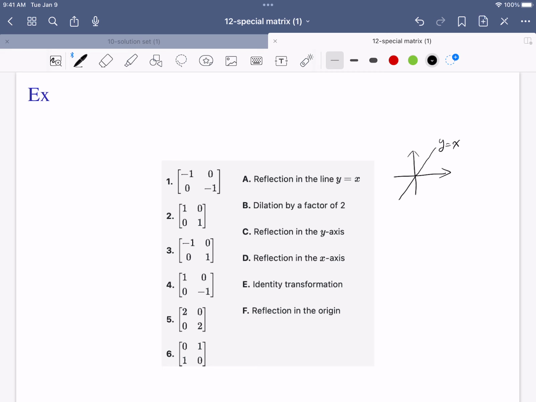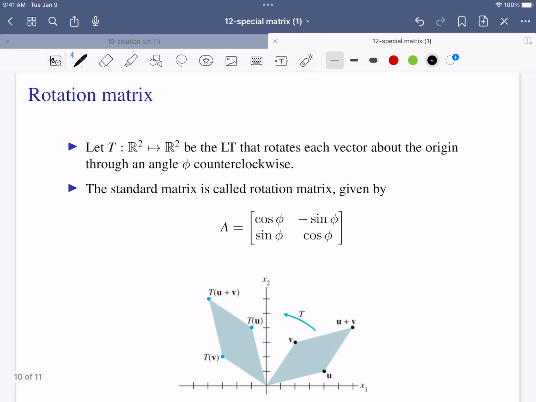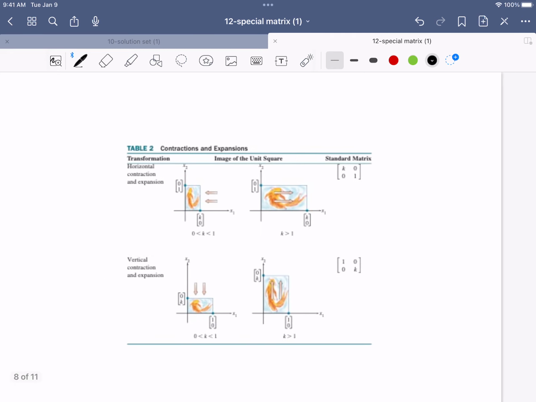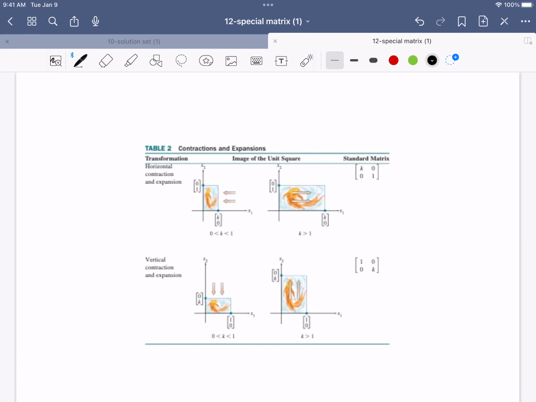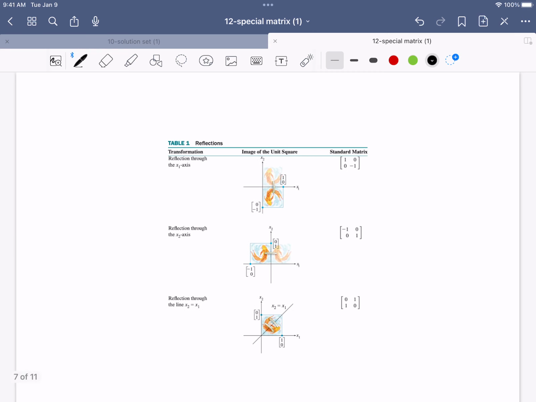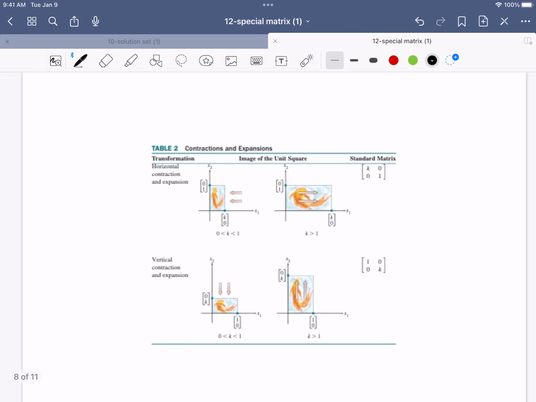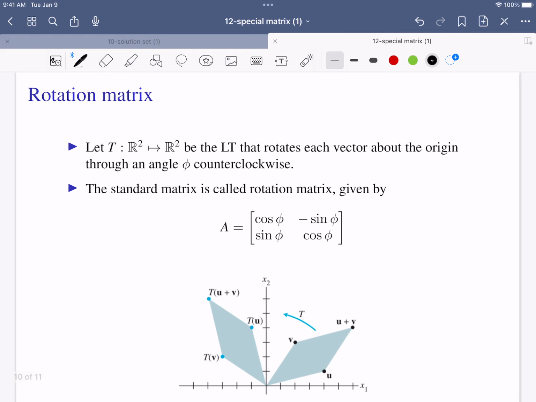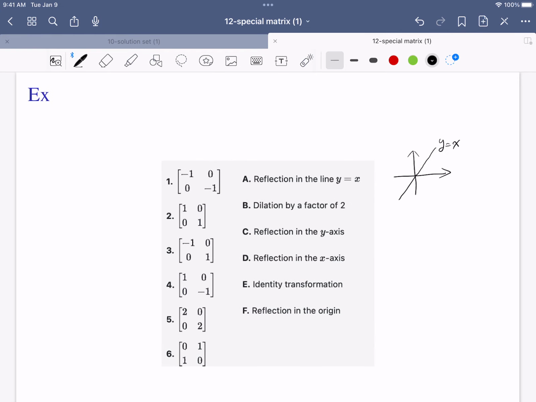Then you want to reflect across this line. So this is what it means, and this is the matrix you need to multiply. The linear transformation corresponds to 0, 1, 1, 0. So here, the last one is 0, 1, 1, 0.